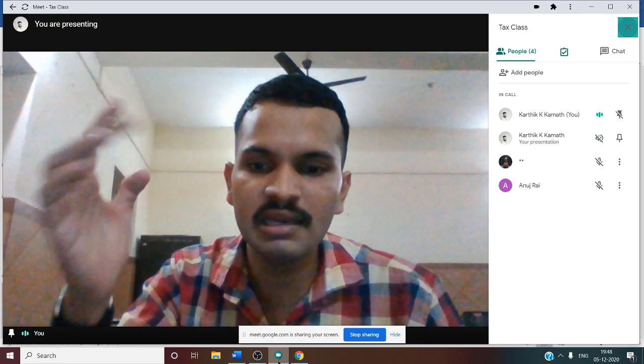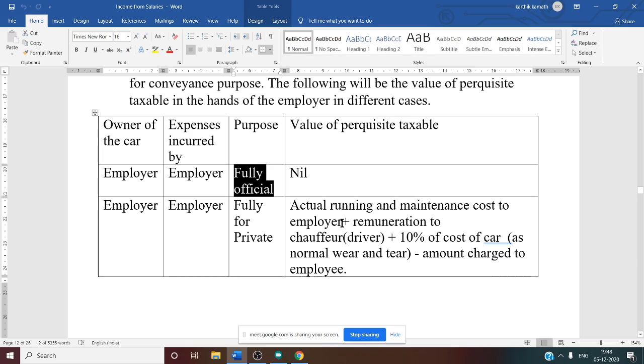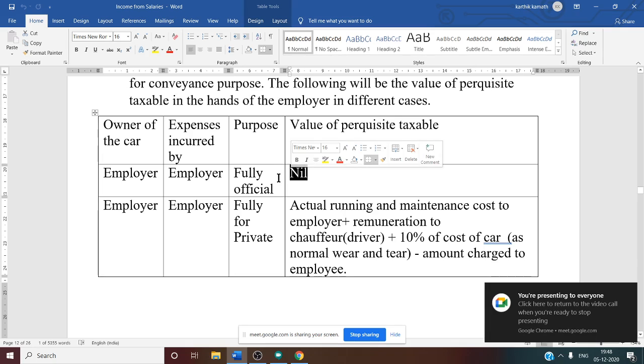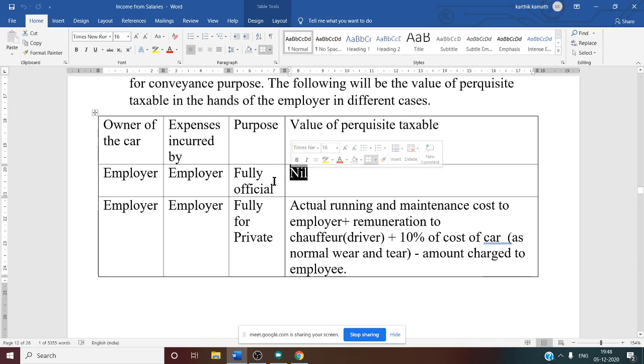So here the value of perquisite taxable is nil. Whether the amount is more than 50,000 or 1 lakh doesn't matter. If you are using it for official purpose, then it is nil, no tax. That is the first case.